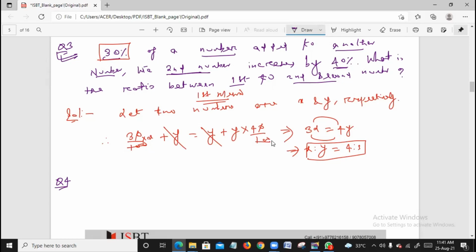लिखिए नंबर 4 क्वेश्चन. Suppose 40% of a number.